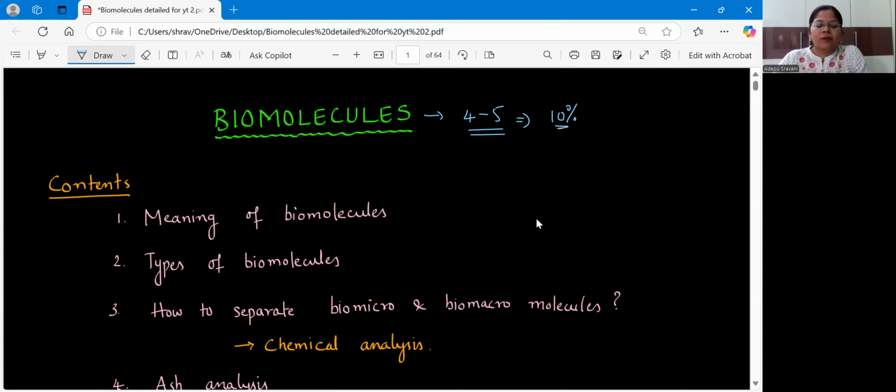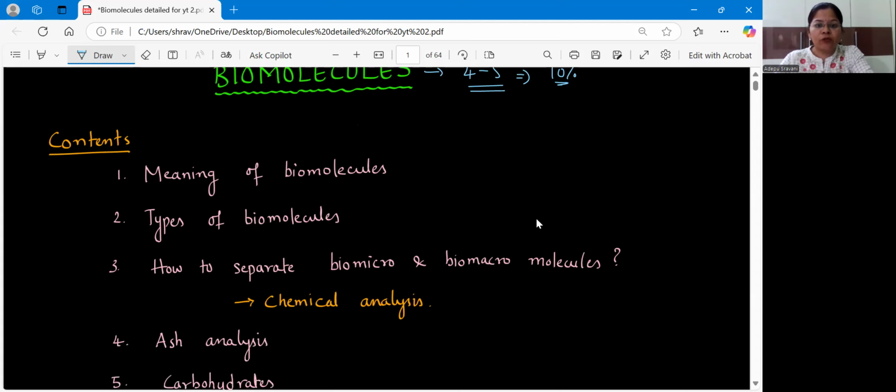Before starting any chapter, usually I talk about the contents of the chapter so that when you go through the contents, it will tell you what exactly are the topics we are going to cover and give you a brief idea of the chapter. So first we'll start with the contents and then we'll go into the details. Coming to the contents, first, we'll be talking about the meaning of biomolecules.